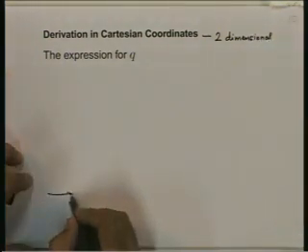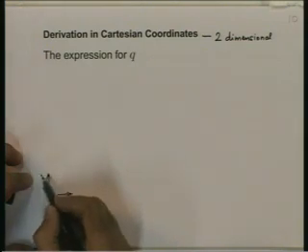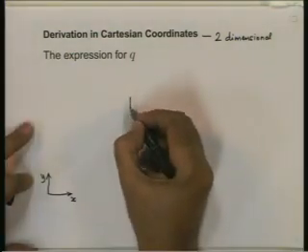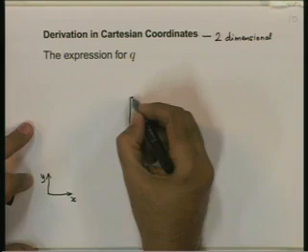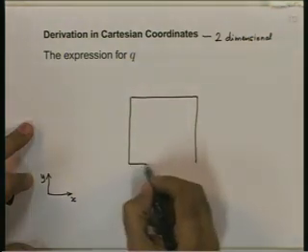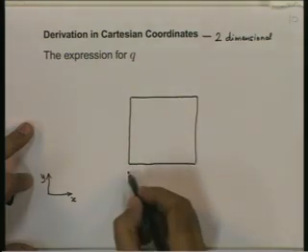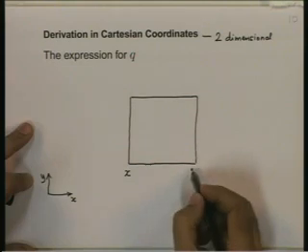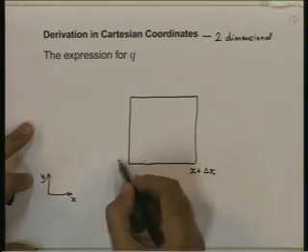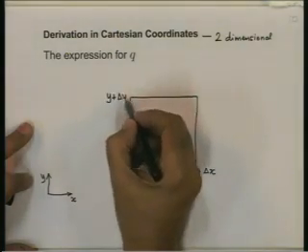Let us say this is the x direction and this is the y direction. And let us say in our fluid domain, let me draw a control volume. I am drawing it large so that I can mark out the heat flow rates. Let us say the extent is from x to x plus delta x and from y to y plus delta y.